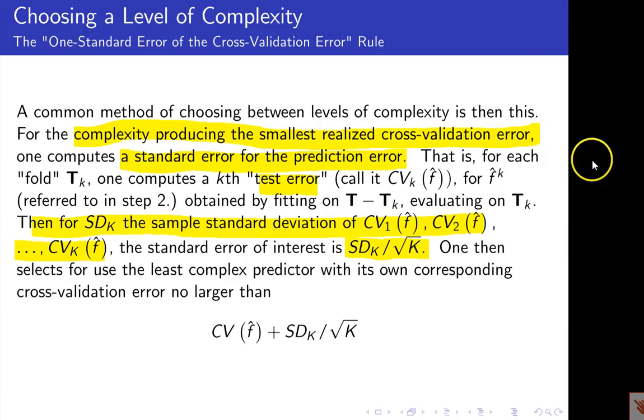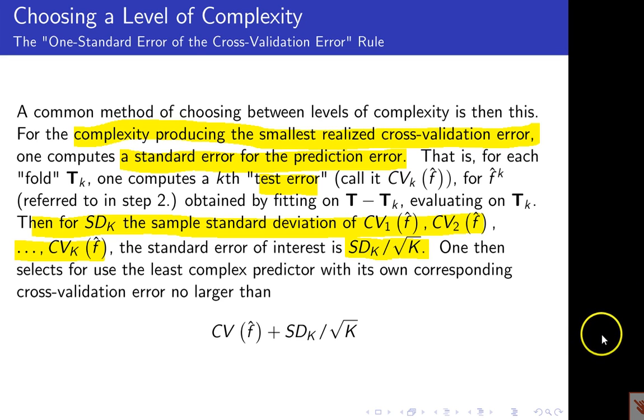So the idea is I find the best cross-validation error, but I then move back towards less complexity as far as I can. And as far as I can, a reasonable, popular rule of thumb is this.